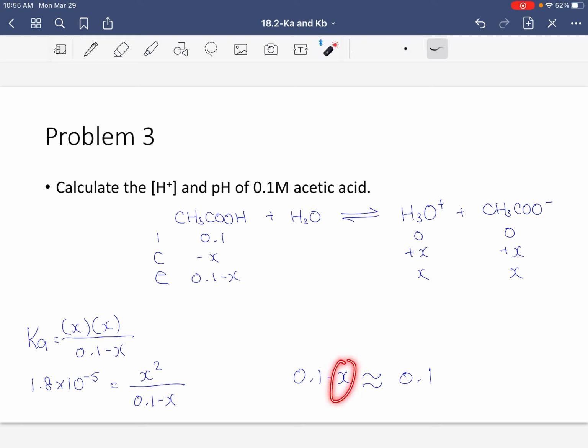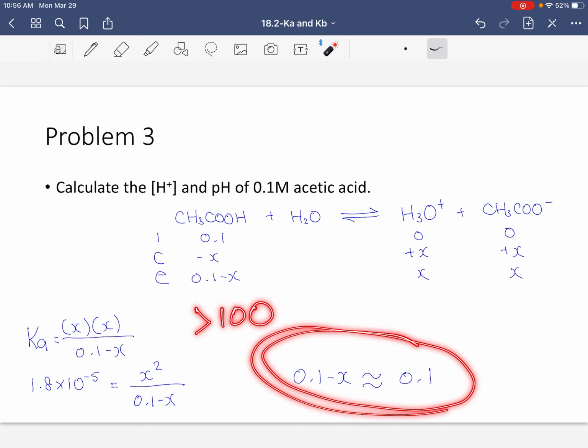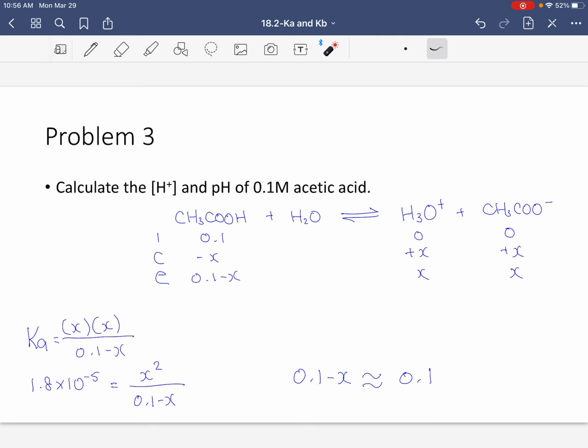Because this number is going to be a very, very small number. So if you take this and you divide it by this, and if that is over 100, you can make this assumption. Because this assumption is very important mathematically. It saves you lots of minutes of work.